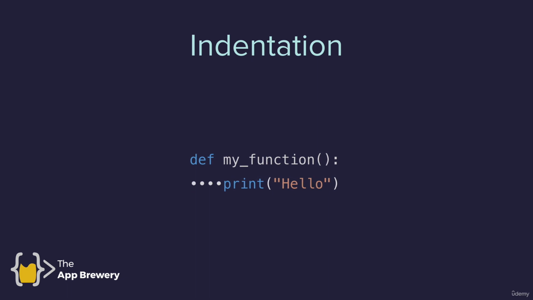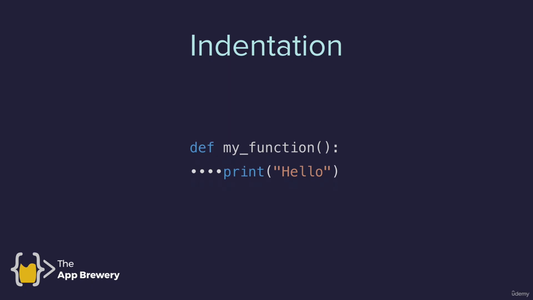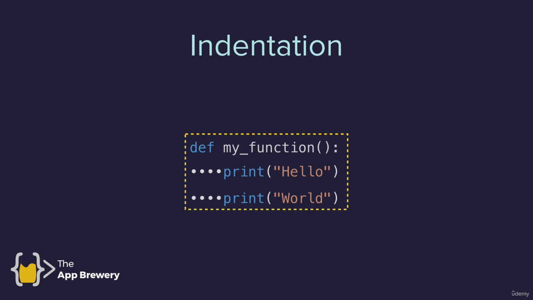So if you imagine each dot as a space, then this is a single block of code. And if we want to continue adding to this block of code inside my function, then we would continue adding lines of code which are indented. So you have to almost visualize for yourself this invisible line around these blocks of code which are indented.